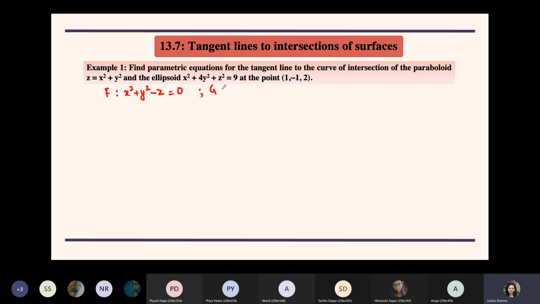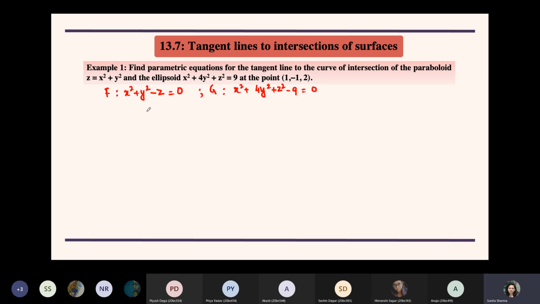And your surface G is given by x squared plus 4y squared plus z squared minus 9 equals 0.